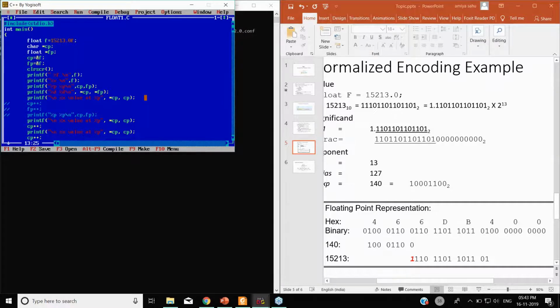Nevertheless, whatever the pointer is, it holds the address of another variable. So the size of the pointer will be 2 bytes.